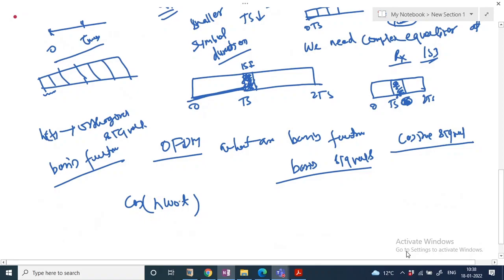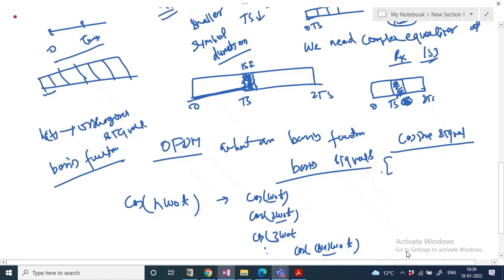We will transmit different cosine signals of different frequencies: cos omega 0 t, cos 2 omega 0 t, cos 3 omega 0 t, up to cos (n minus 1) omega 0 t. So we consider different harmonics of the cosine signal, omega naught, 2 omega naught, 3 omega naught, in the interval 0 to T, that is the symbol interval.